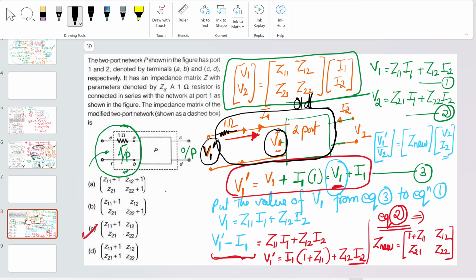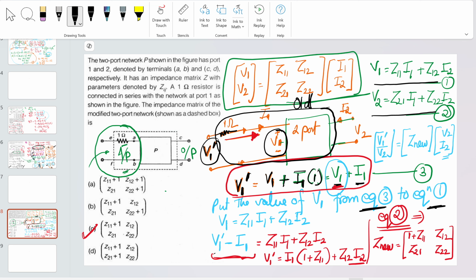Okay. So what will be the affected value? The affected value will be V1, basically. So now V1 dash is equal to V1 plus I1 times 1 ohm, which will become V1 plus I1. Okay. And the old equations were V1 is equal to Z11 I1 plus Z12 I2, and V2 is equal to Z21 I1 plus Z22 I2. So we have put the value from equation 3 into equation 1.